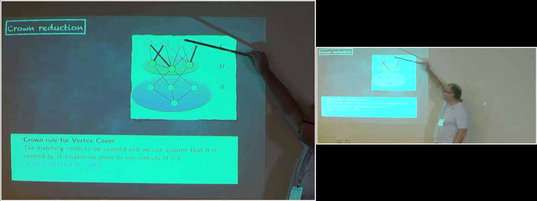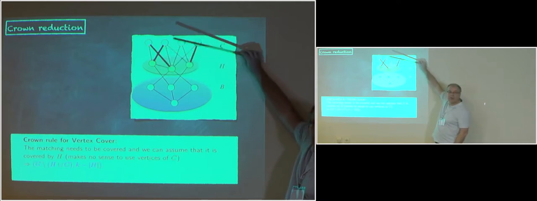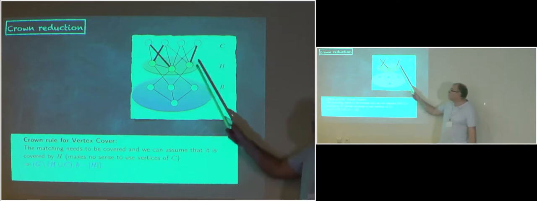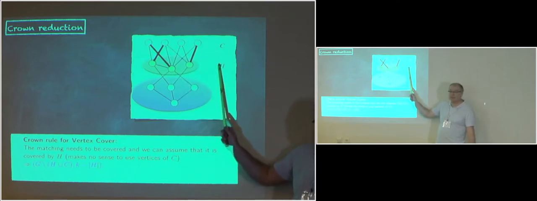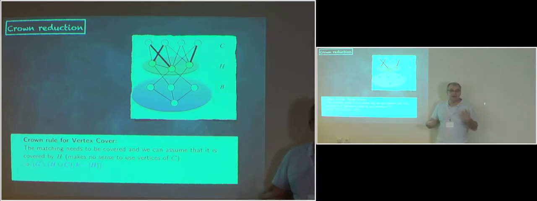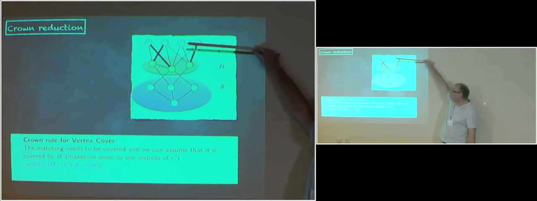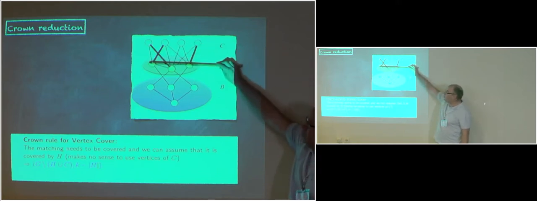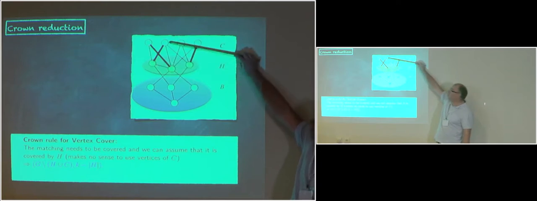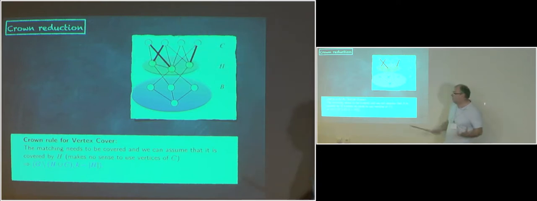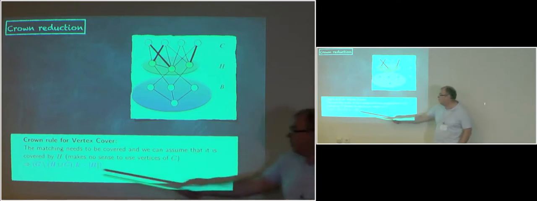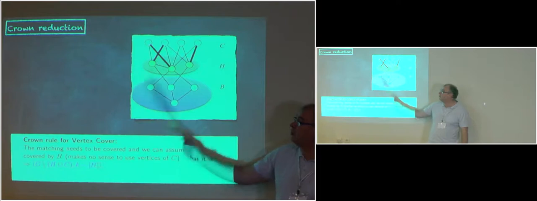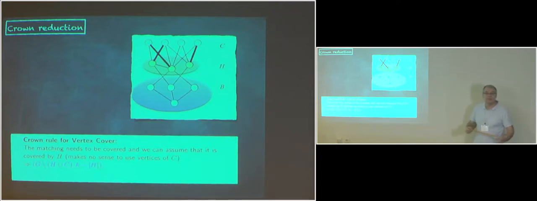And because I have a matching from H to C, by Koenig's theorem the minimum vertex cover in this graph is equal to the size of the matching, so it's always the number of vertices in H. So it doesn't make any sense to put in the vertex cover the vertices from C. Anyhow, I have to put in total |H| vertices to cover these edges, which means that I can just put all vertices from H into the vertex cover, delete them, and also forget about the vertices of C. So if I have a crown decomposition, then I have a reduction rule: I can delete all vertices from H and C from the graph and decrease my parameter by the size of H. Okay?